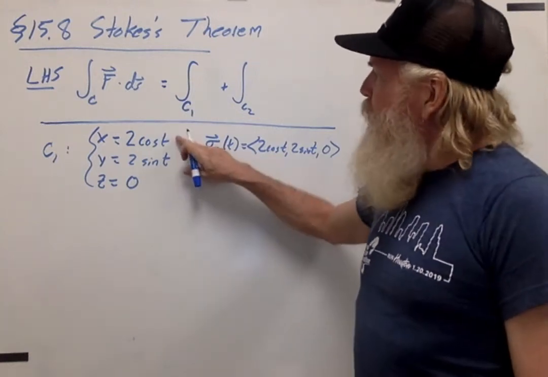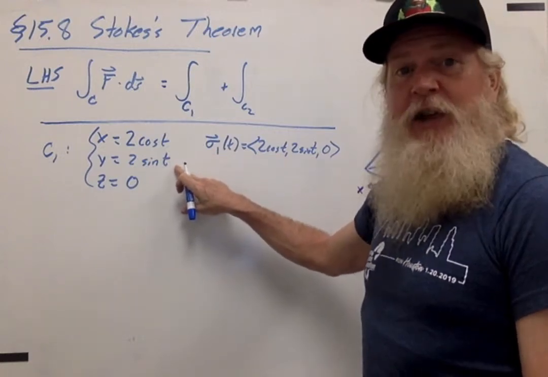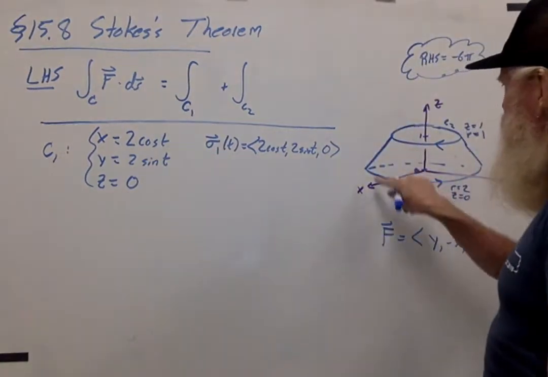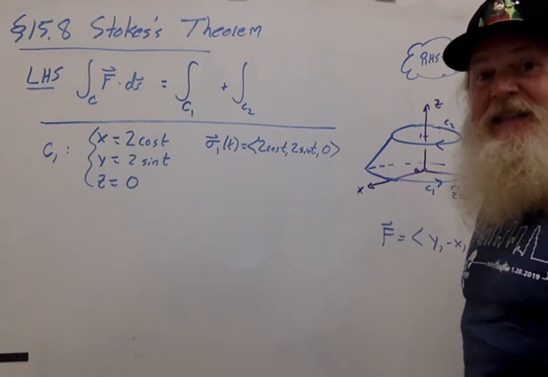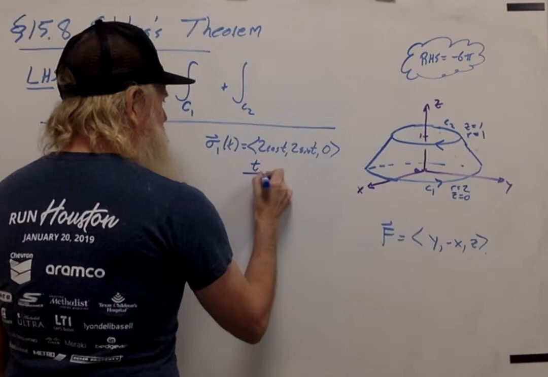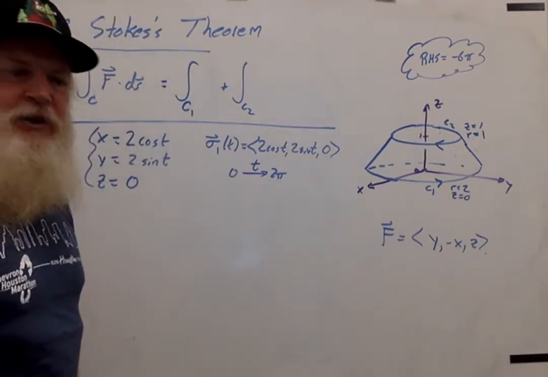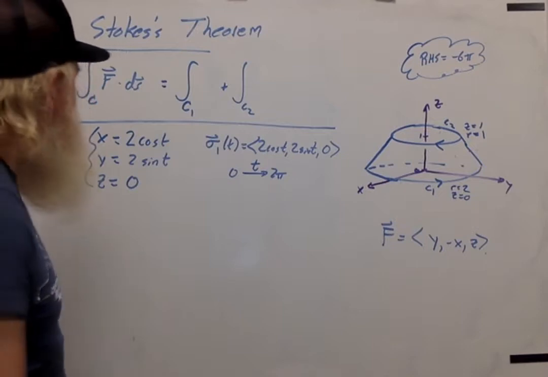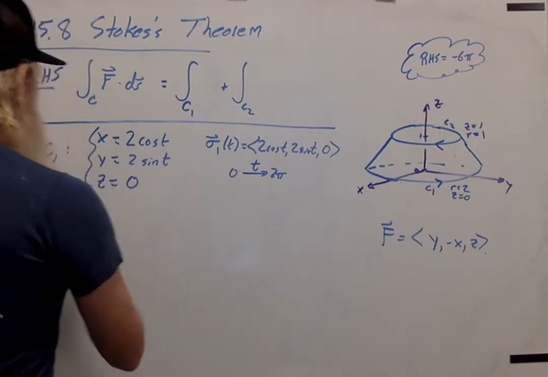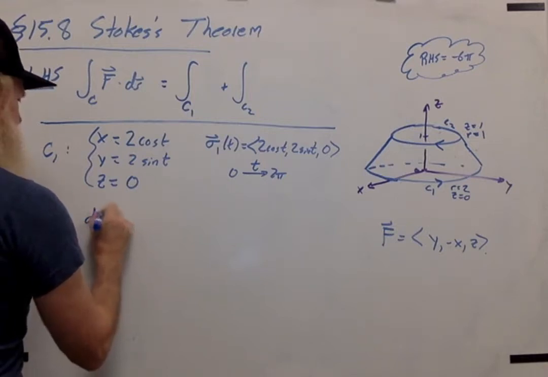Now remember when we parameterize using cosine and then sine, that goes counterclockwise, and a counterclockwise orientation around the z-axis is exactly what we want. So we want t to go from 0 to 2 pi. That'll give us the correct orientation. So now that we've parameterized, let's calculate little ds.